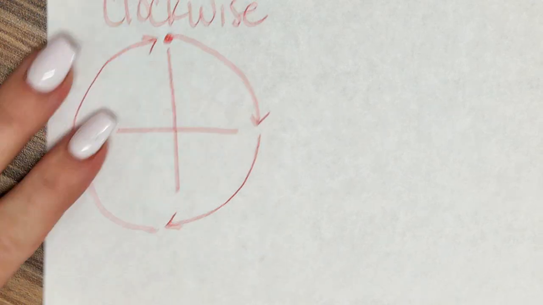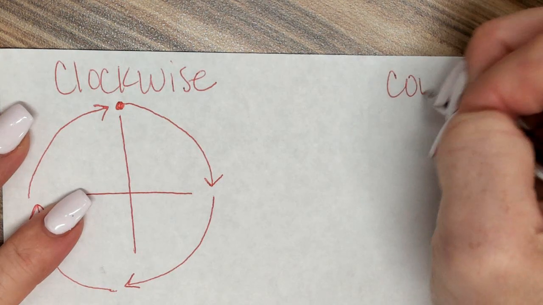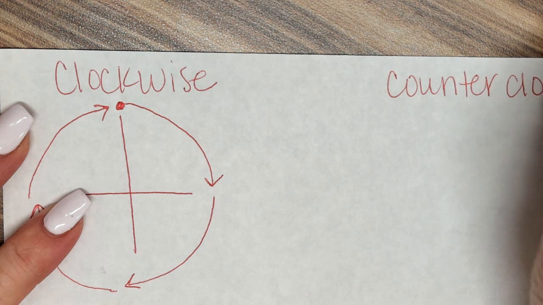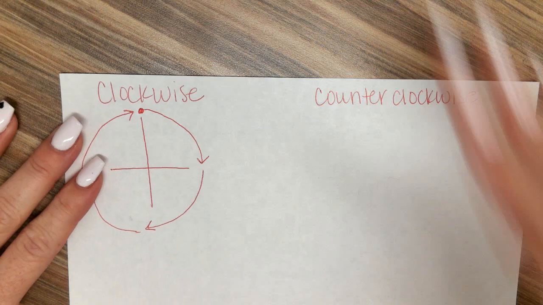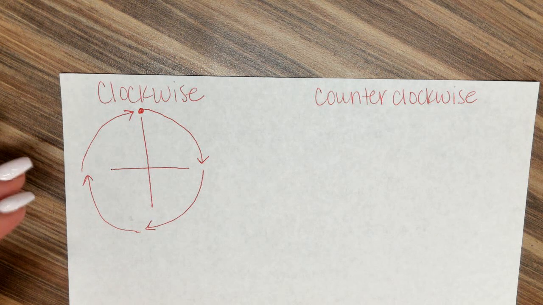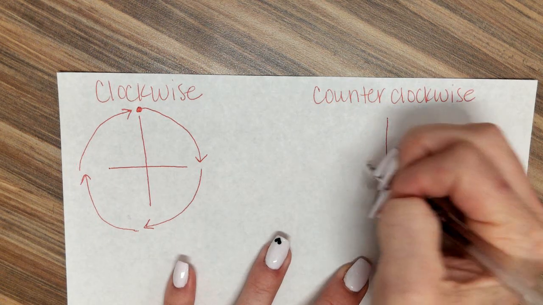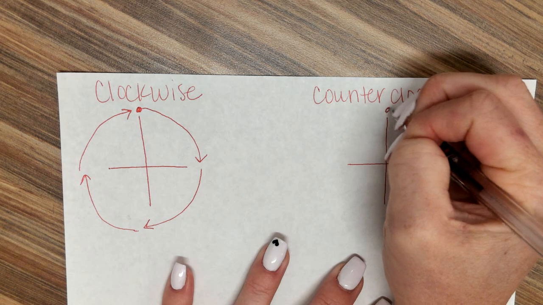Then we can say counterclockwise. So how would counterclockwise move? Backwards from a clock. So draw a small coordinate plane. Put a dot at the top.